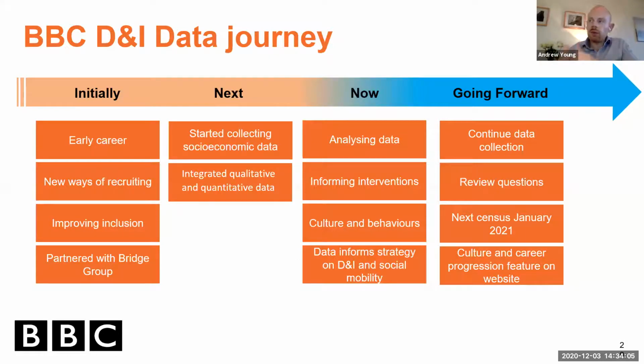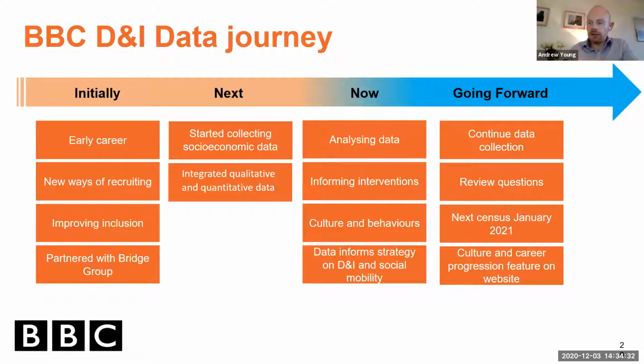As I said, these questions were part of a wider D&I census, and that data is then stored on the individual's HR record, in a very secure area that's only accessible to a handful of people within HR that run reports on D&I data, so it's not even available to HR business partners, directors, etc., and certainly not line managers.